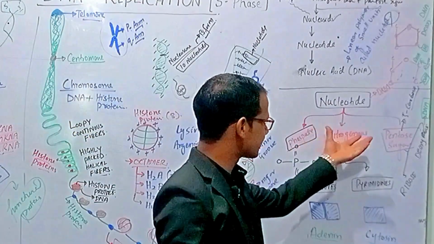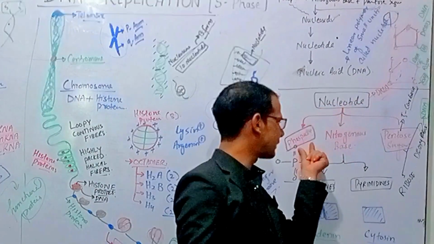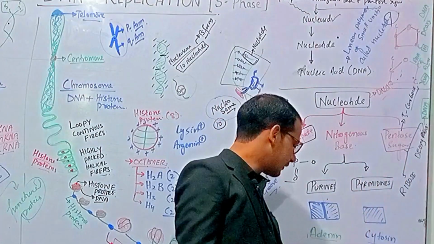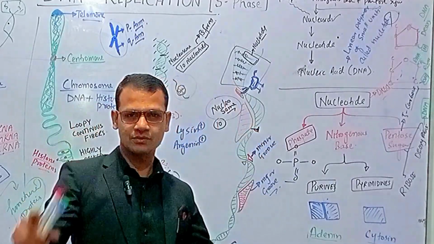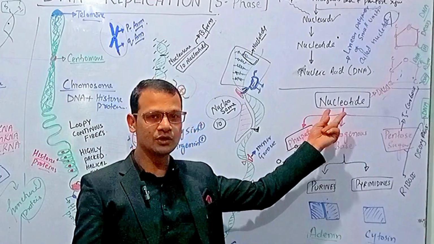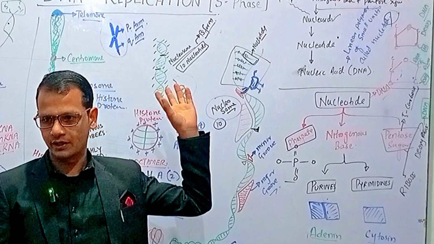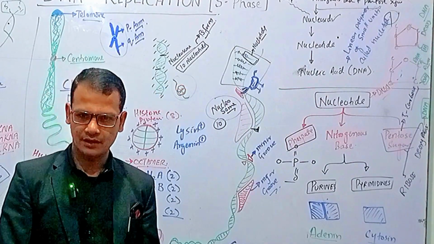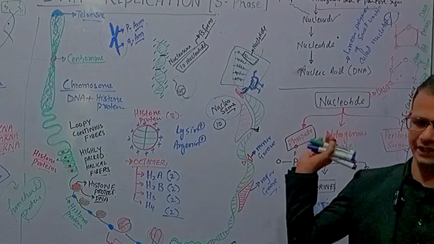We will discuss this in detail, but the composition of nucleotide is phosphate, nitrogenous base and pentose sugar. Not all the nitrogenous bases will be present in one nucleotide; only one nitrogenous base will be present, and these nucleotides play a lot of roles in our body besides the DNA structure. They have a lot of functions also, right? So we will discuss this in detail after a short break.